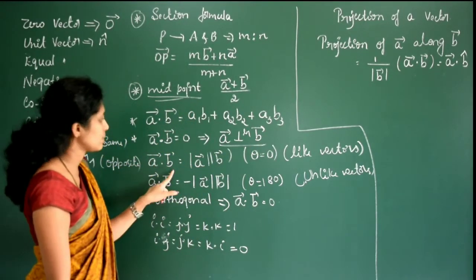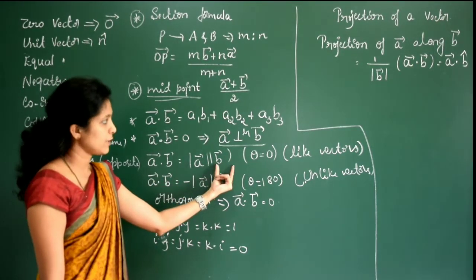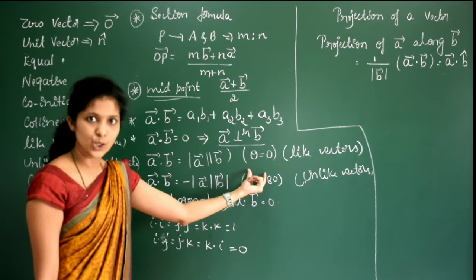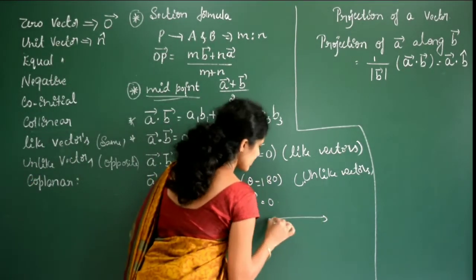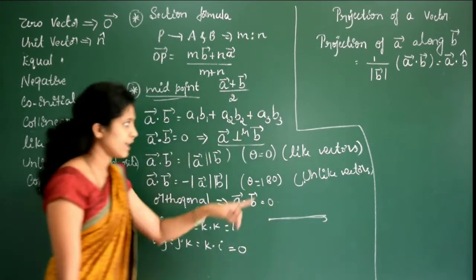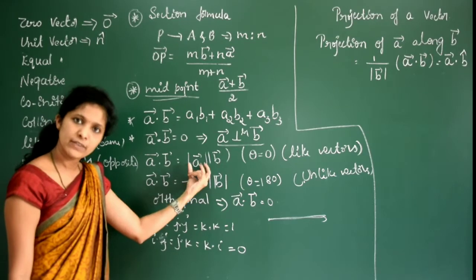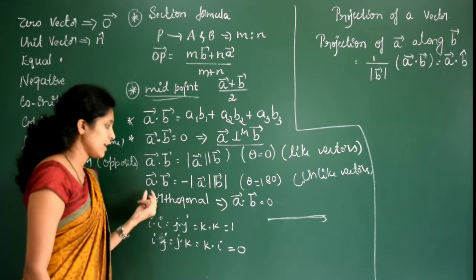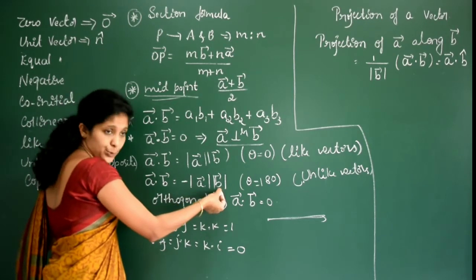Now a vector dot b vector is equal to magnitude of a vector times magnitude of b vector times cos theta. If angle theta is equal to 0, then it is called like vectors, right? If it is like this, same direction, then a vector dot b vector will be equal to magnitude of a times magnitude of b.